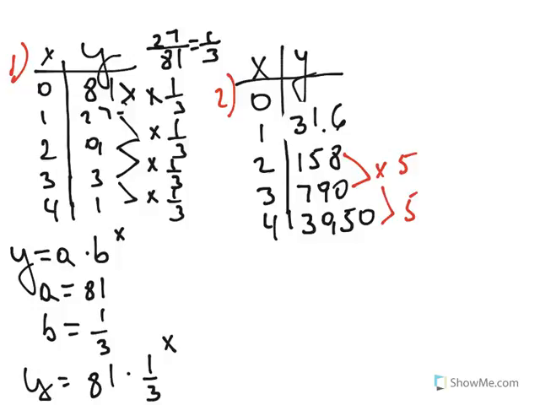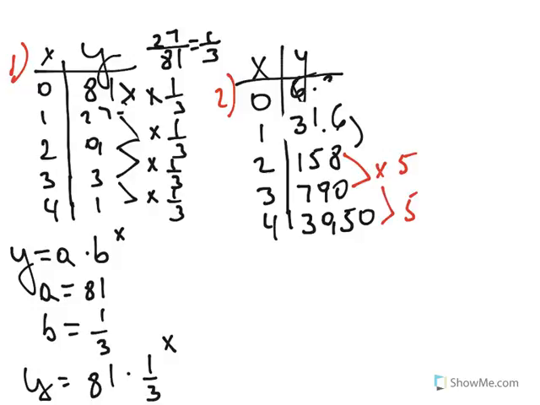Now I have to go backwards again to go from 31.6 to x equals 0. So I take 31.6 and divide by 5, and the answer is 6.32.